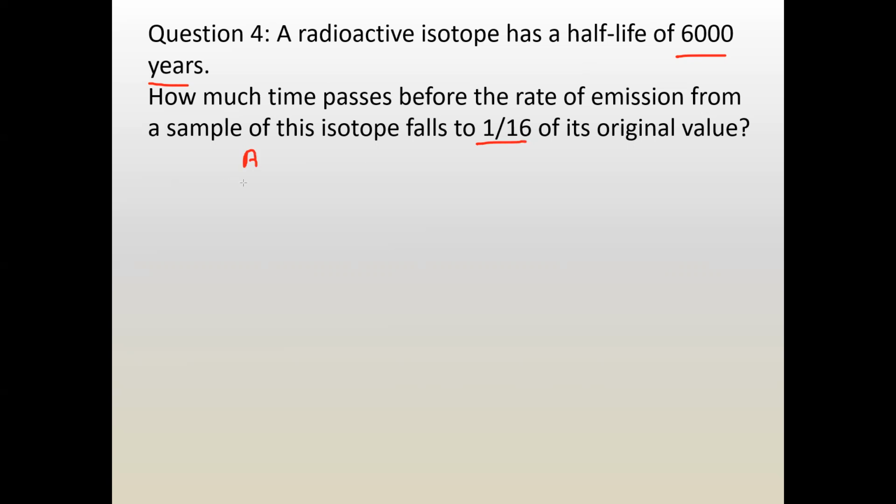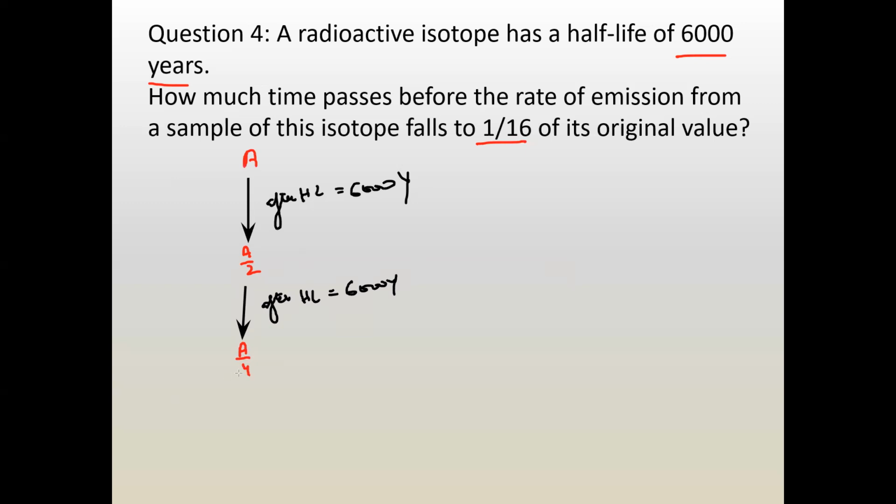So after the half-life, after basically 6,000 years, it will become half, so it will be A by 2. Then after another half-life, after another 6,000 years, because every 6,000 years it will be half of its value, half of A by 2 is A by 4.